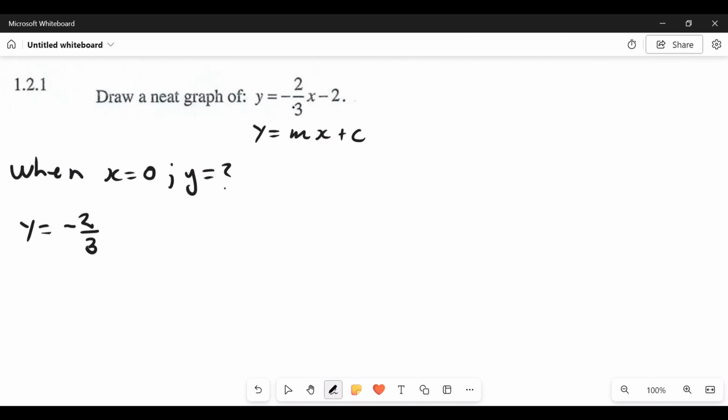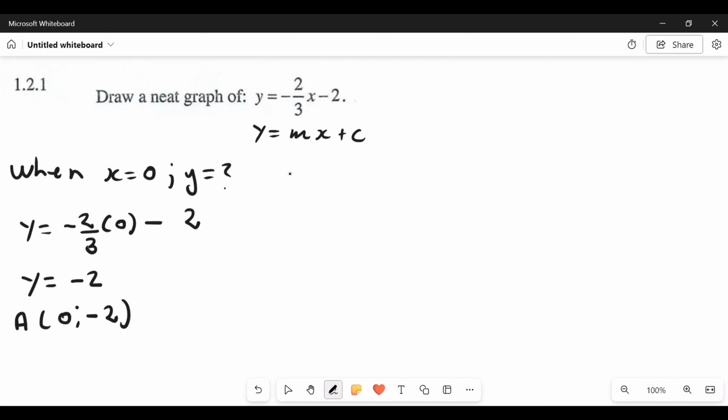So we know that y is equal to negative 2 over 3 multiplied by x, but wherever there is x, we substitute with 0, minus 2. Now, this is going to give us y equal to negative 2, because anything multiplied by 0 is 0. So you're going to be left with negative 2. So we can say point A is x is 0 and y is negative 2.